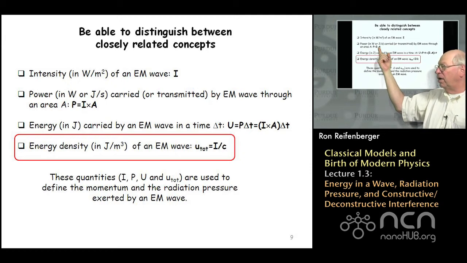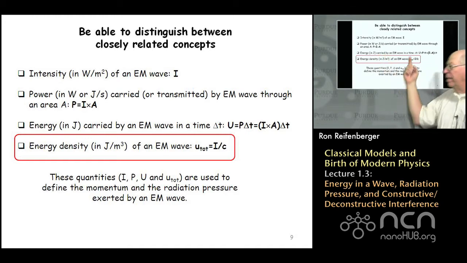There's also a question about how much energy is transported by an electromagnetic wave in a time delta t. That energy is given the symbol capital U. We use capital U because the symbol capital E is already reserved for electric fields.